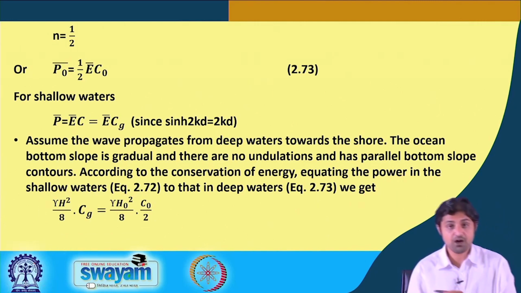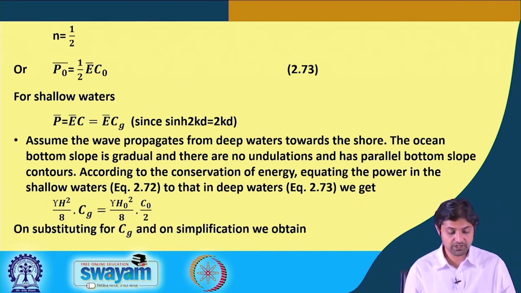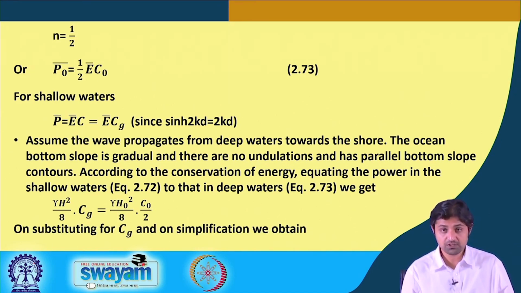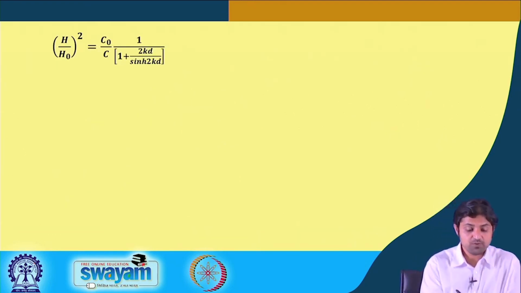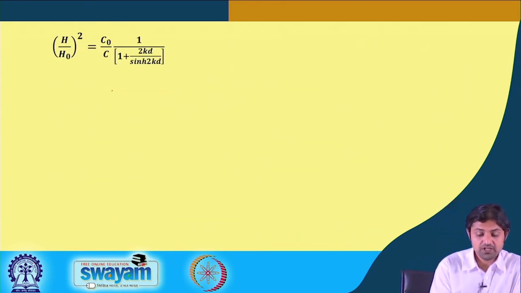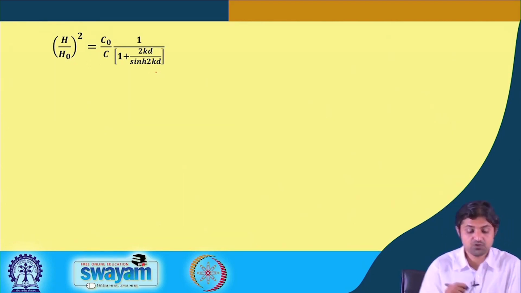So, we are conserving power from deep water to any water depth, and if we substitute for Cg as C by 2 into 1 plus 2kd by sinh 2kd, we are going to obtain H by H naught is equal to C naught by C into 1 by 1 plus 2kd divided by sinh 2kd.